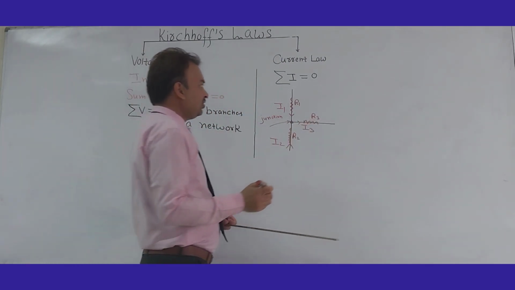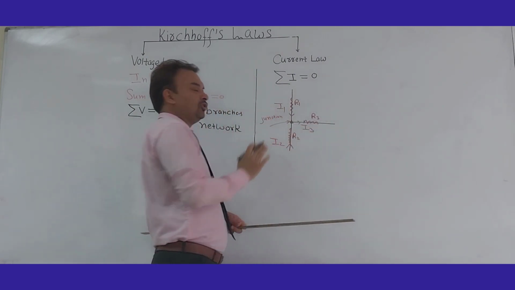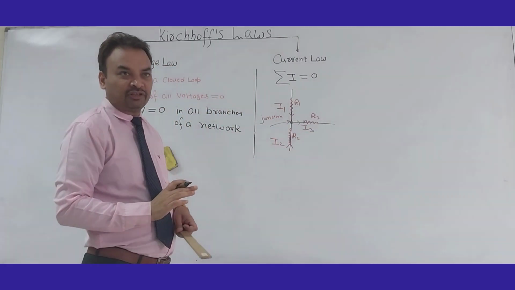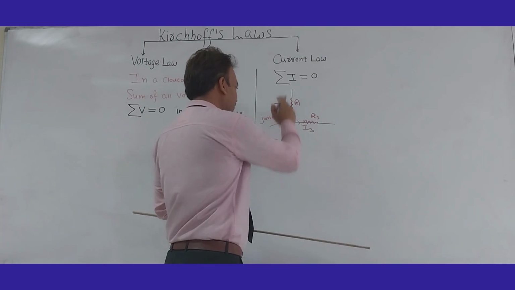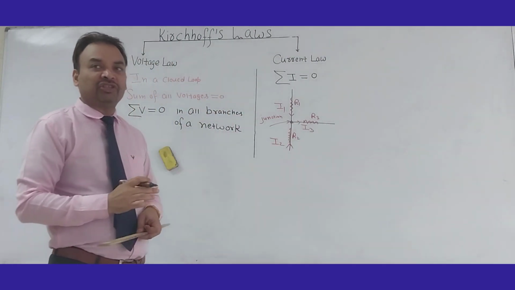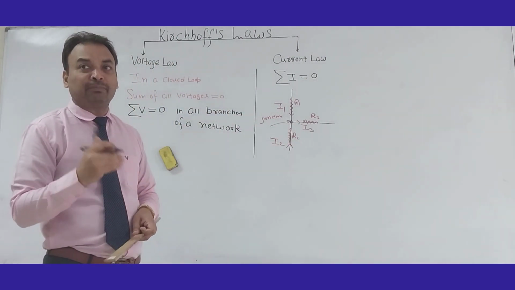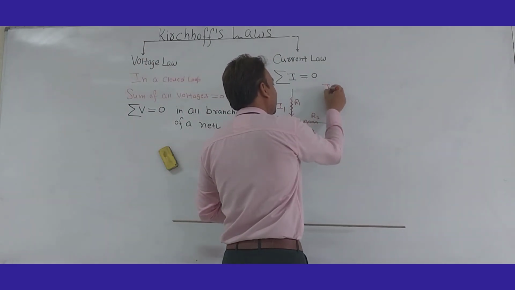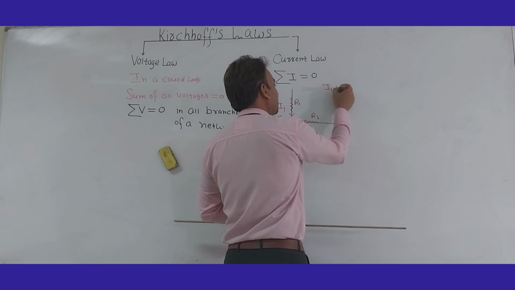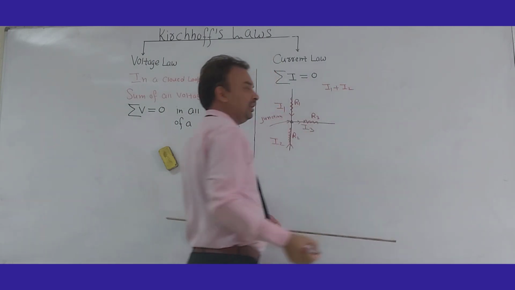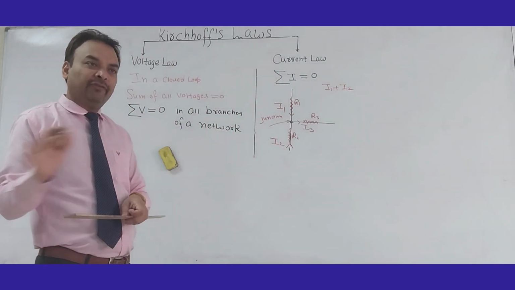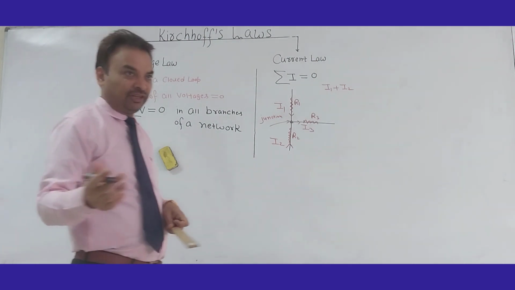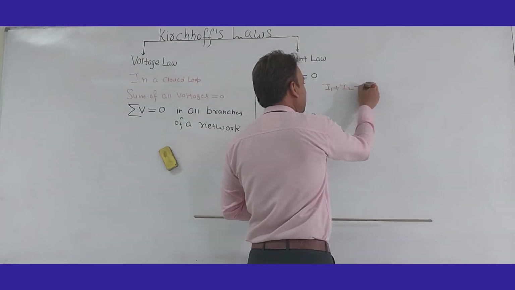So I can make the equation: the sum of all the currents should be equal to 0. The current moving toward the junction will be taken as positive, so I1 plus I2, and the current moving away from the junction will be taken as negative, so minus I3.